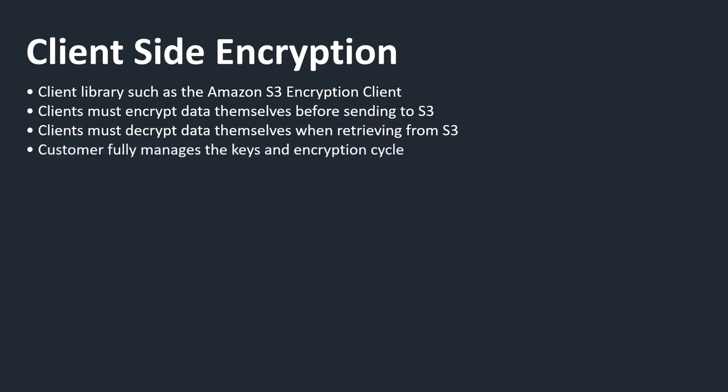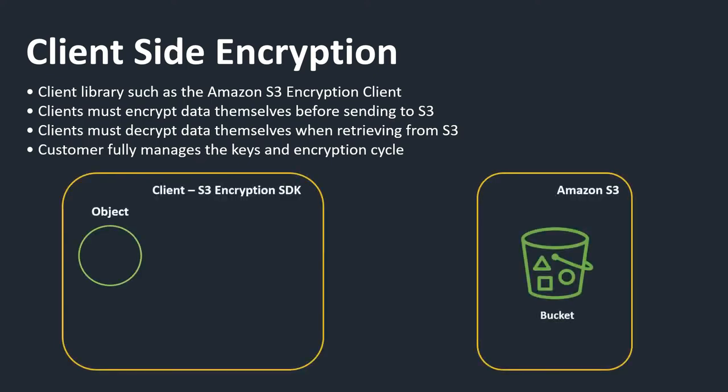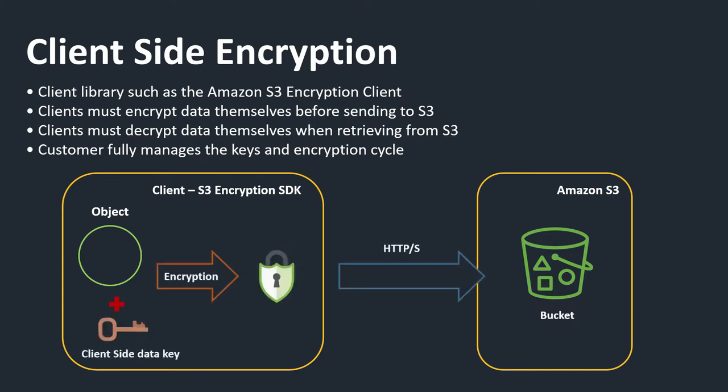So let's have an example. Amazon S3 this time is just the bucket, where it's not doing any encryption for us because it is client-side encryption, not server-side encryption. In the client side, we will use an encryption SDK, for example the S3 encryption SDK, which takes the object and our client-side data key.